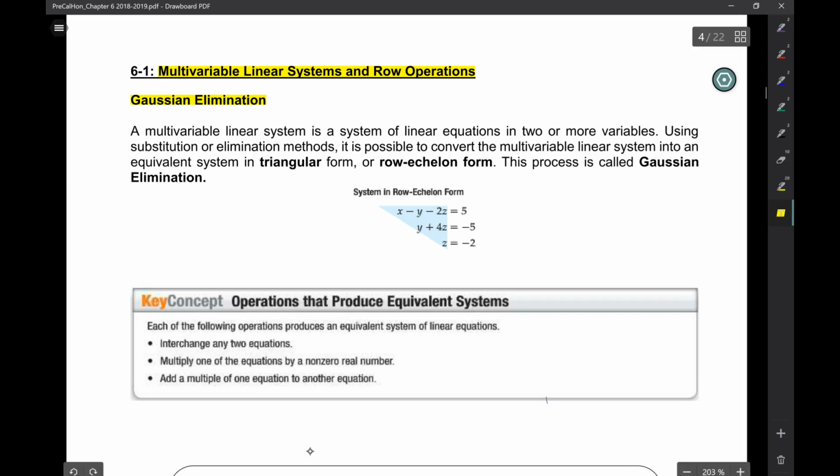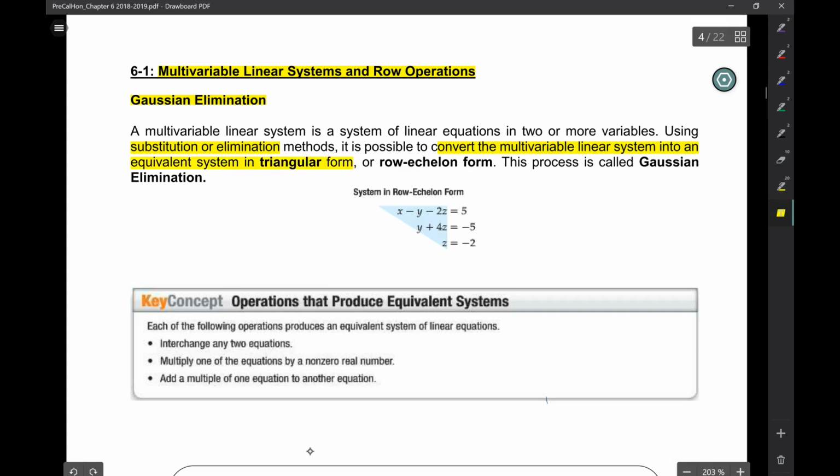So we use his method. It's called Gaussian elimination. And basically what we do is we use either substitution or elimination, just like you know. And we convert the system of equations into an equivalent system in triangular form.